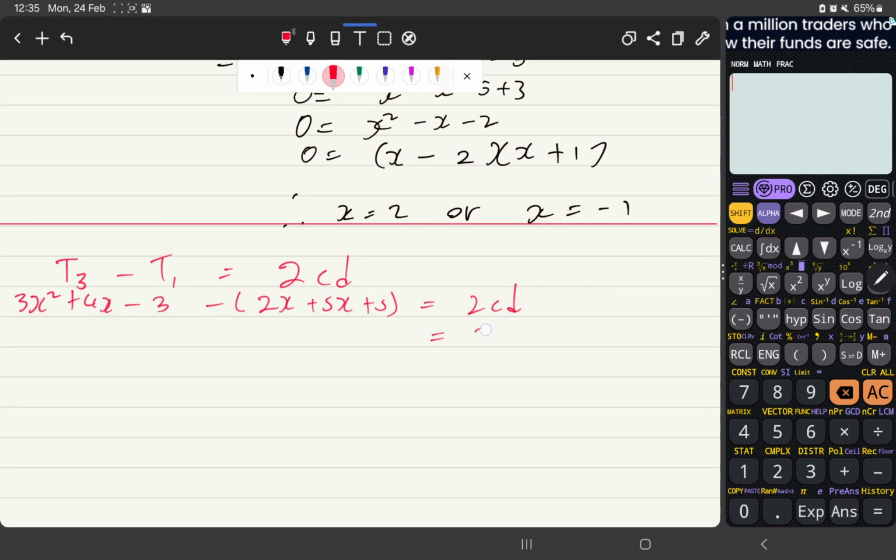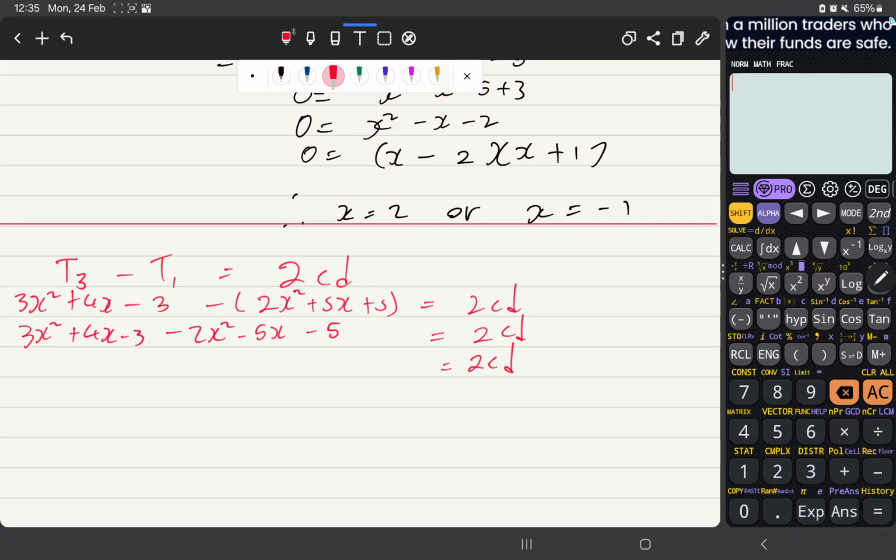So I have my 2 CD, 3x squared plus 4x minus 3 minus 2x squared minus 5x minus 5.